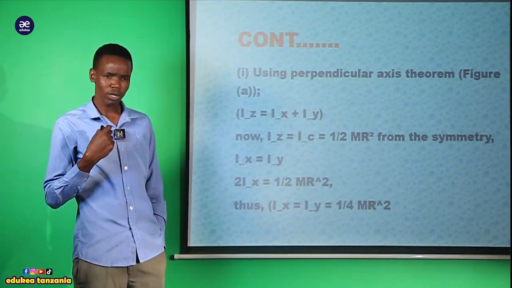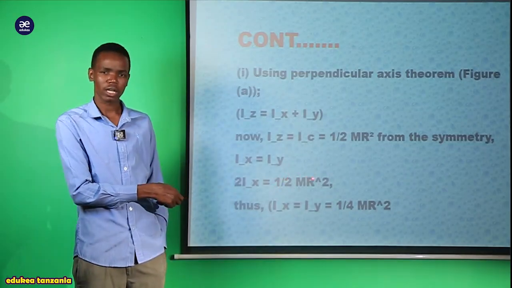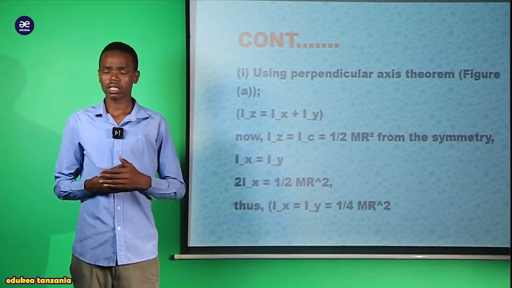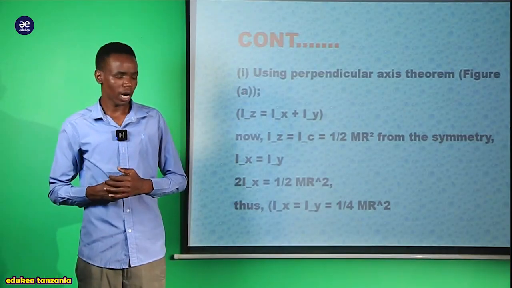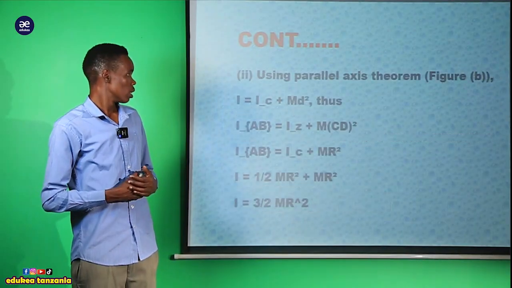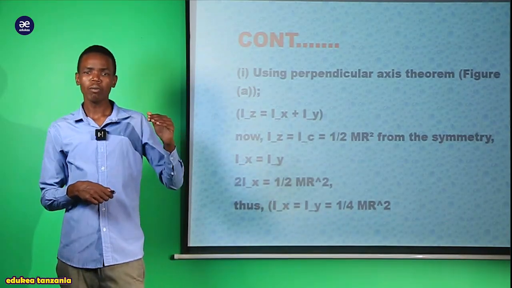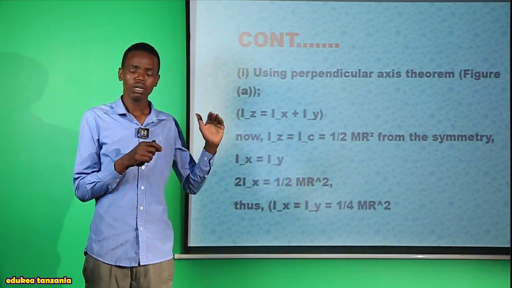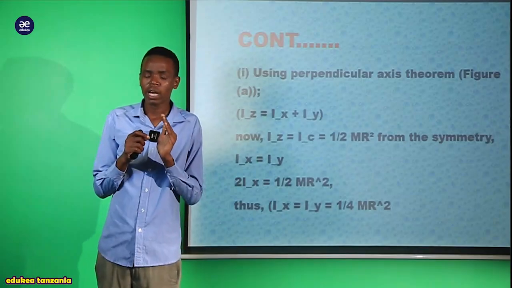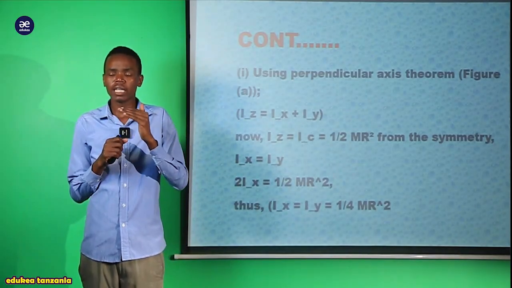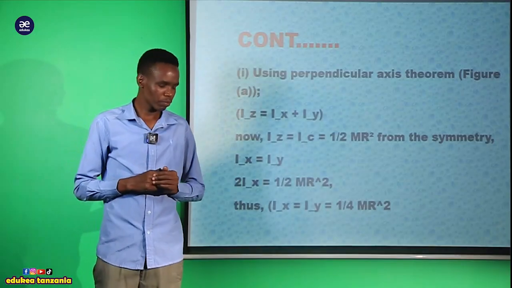But we know that Ix is equal to Iy. So Ix will be equal to Iy, equal to 1 over 4 times mr square. So after this one, we could conclude that the moment of inertia through any diameter is given by 1 over 4 times mr square.